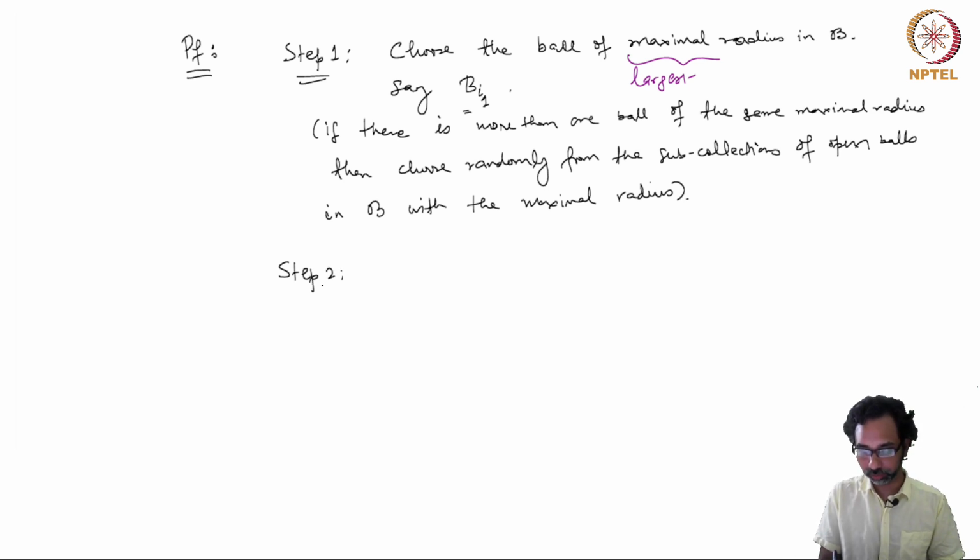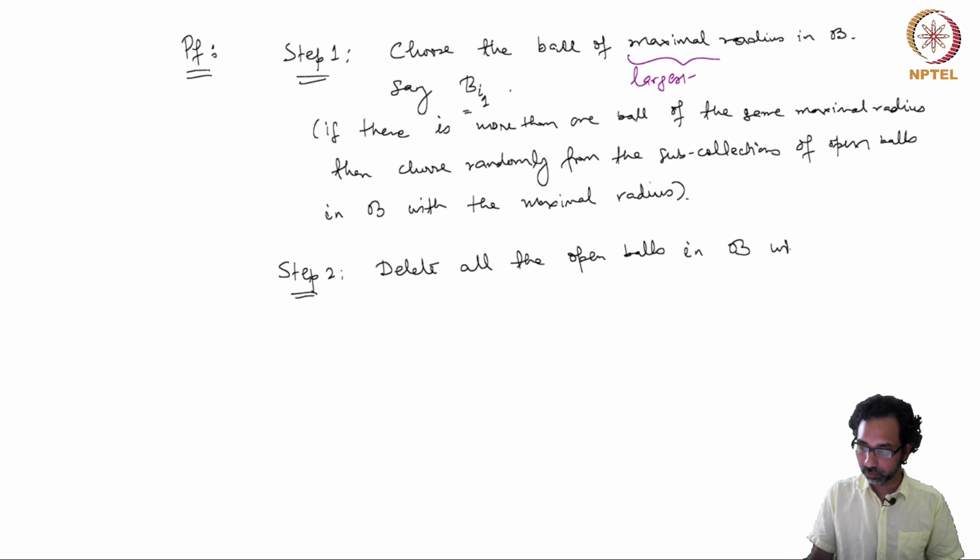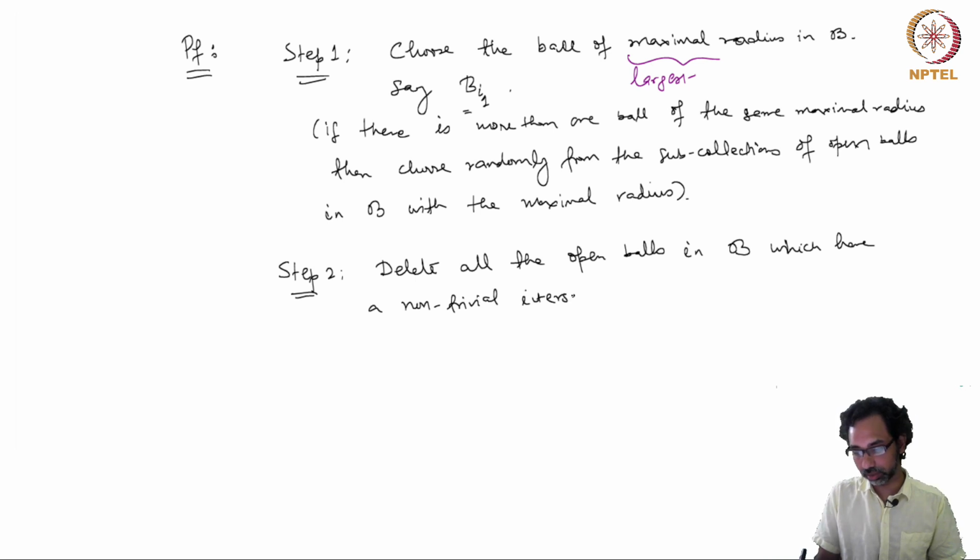So step 2: delete all the open balls in B which have a non-trivial intersection with B_i1.